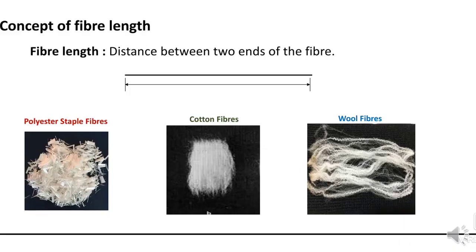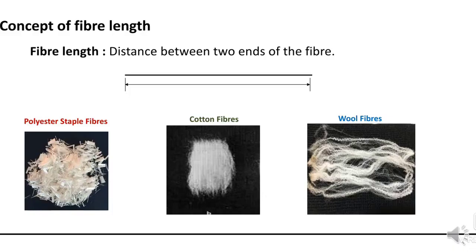One is in the longitudinal direction. You can measure the distance between two ends of the chalk and you will report it as the length of the chalk. You can measure the diameter of the chalk and you will report it as the transverse dimension of the chalk.